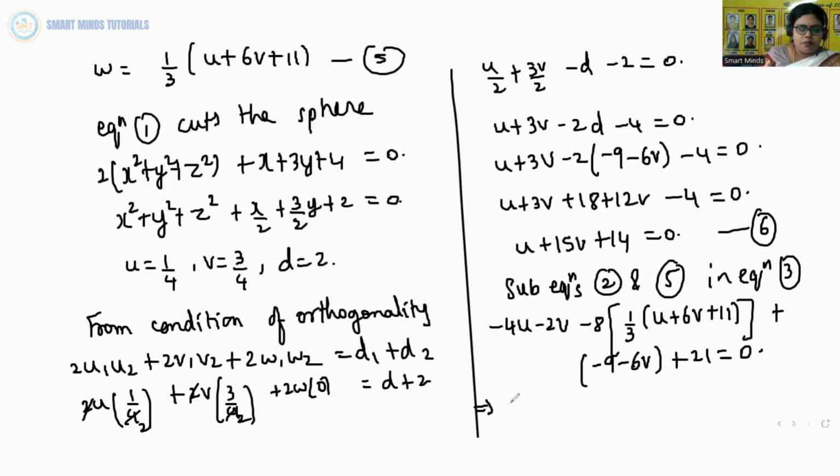If we further simplify, we get minus 4u minus 2v minus 8 by 3 into (u plus 6v plus 11) minus 9 minus 6v plus 21 is equal to 0. Now we take the LCM. So we get minus 12u minus 24v minus 8u minus 48v minus 88 plus 36 is equal to 0.